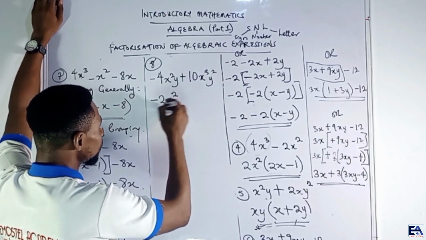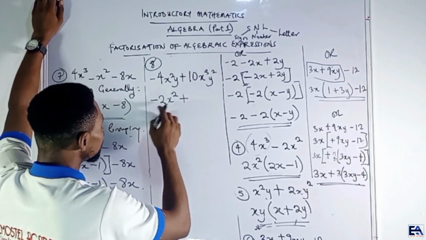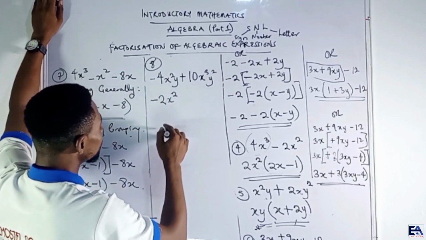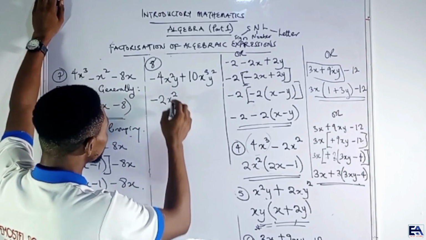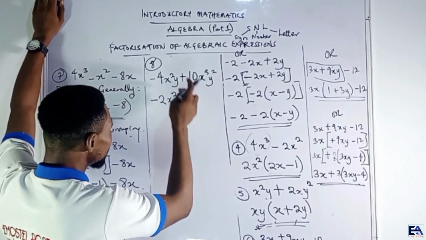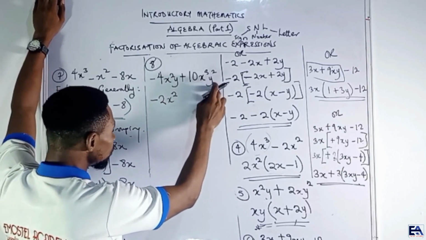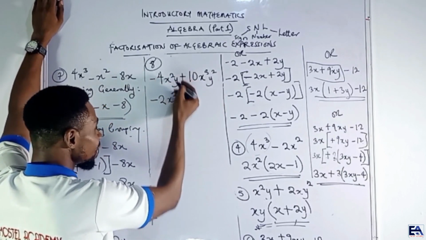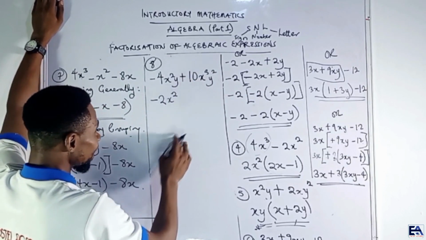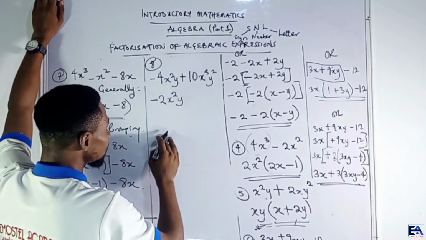Then for another letter, y can go here, y can also go here. y squared goes here, but it doesn't go here because the highest y we have is y. So we write the highest y that we have.